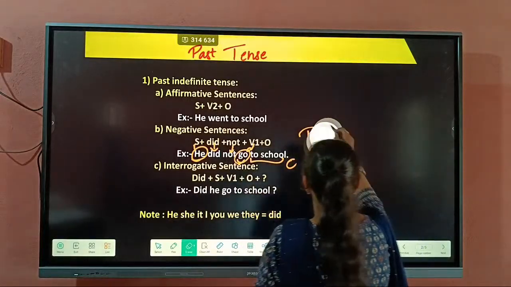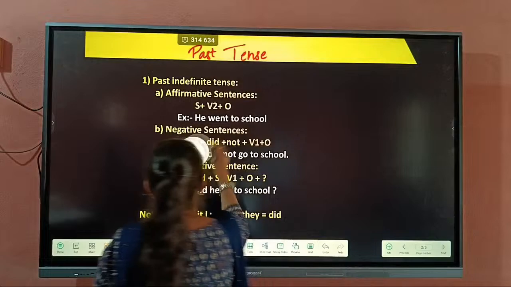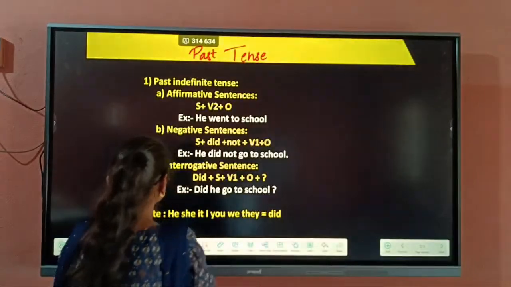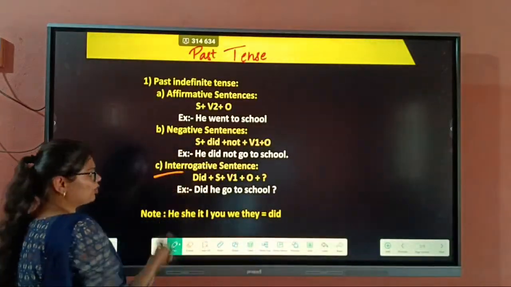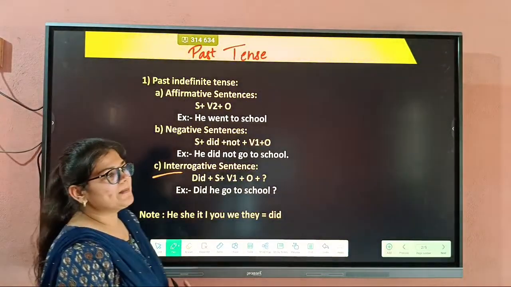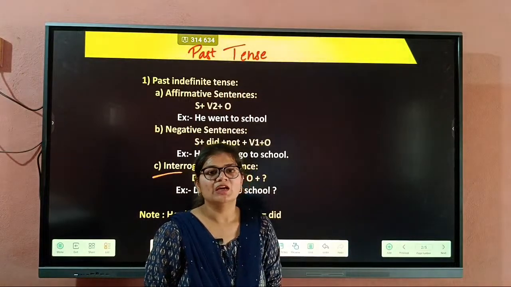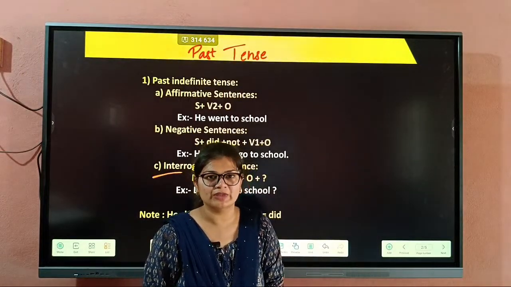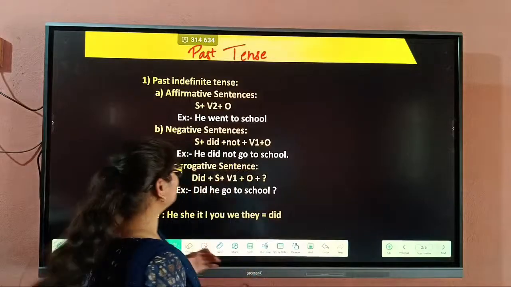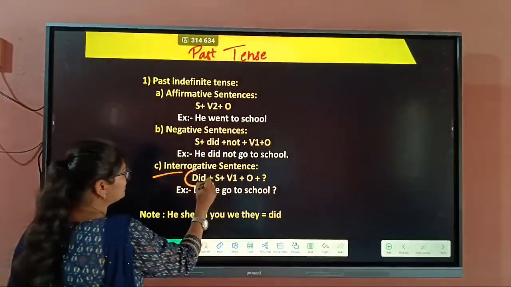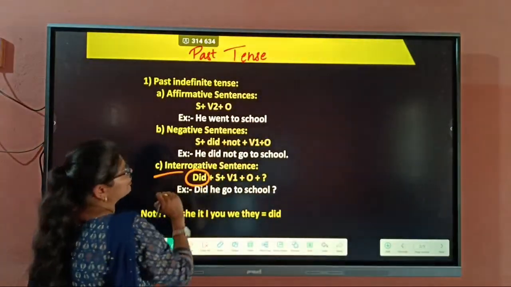Now, the third part is the interrogative sentences. You know about interrogation. Whenever we interrogate somebody, we ask them a question. So, in the interrogative sentences, did will come forward.